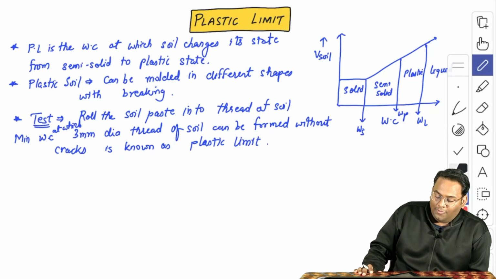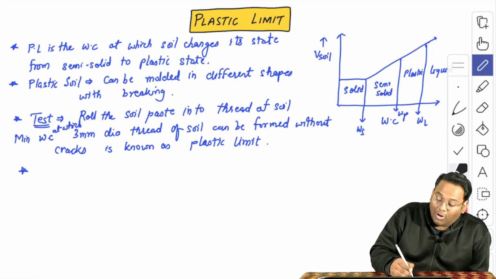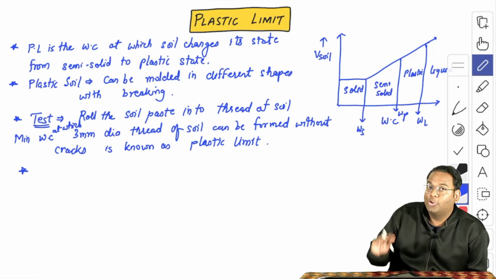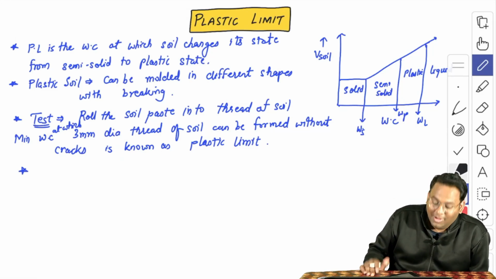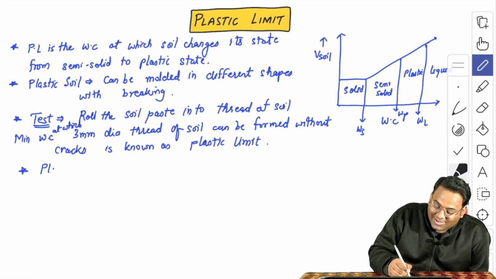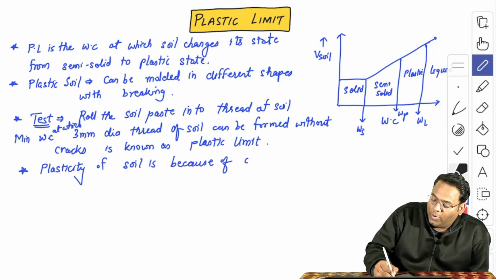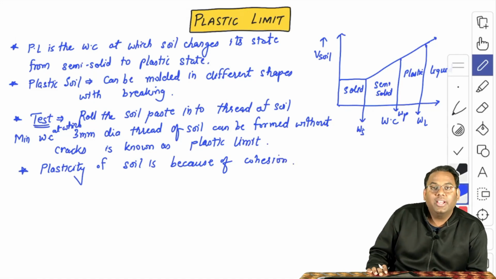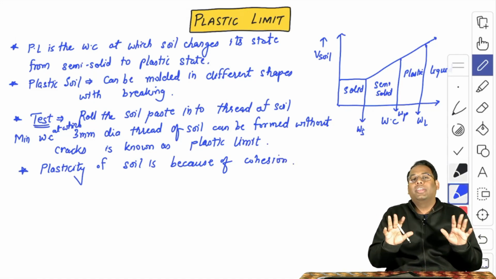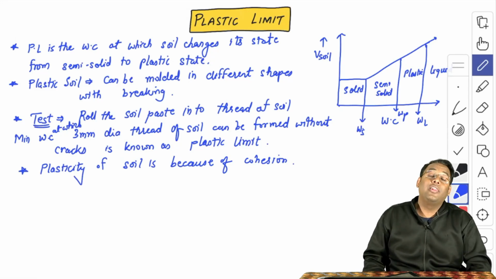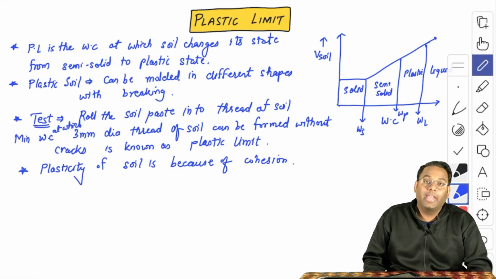Fine. So obviously this plasticity is because of bonding between the molecules, as I have now described. So we can say that plasticity of a soil is because of cohesion in soil. That force of attraction is nothing but the cohesion, and if there is no cohesion, then such soil will not show any plastic behavior.